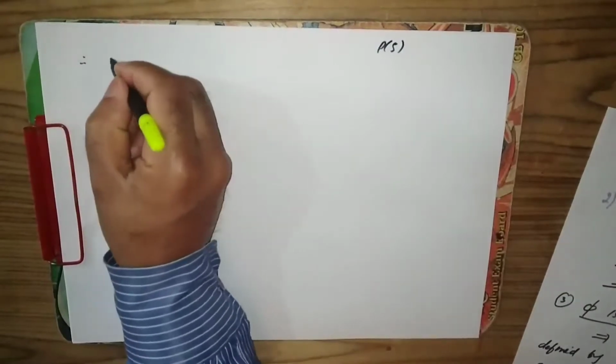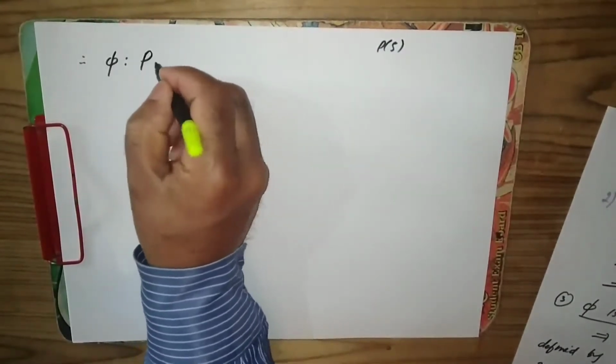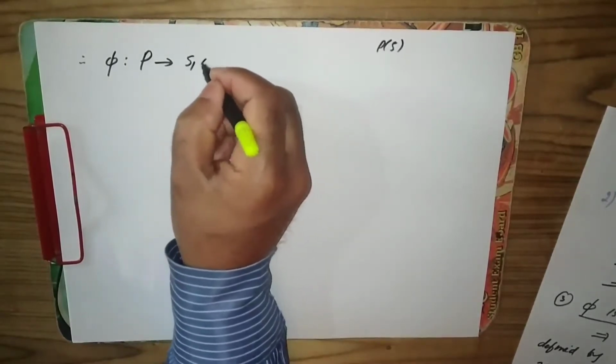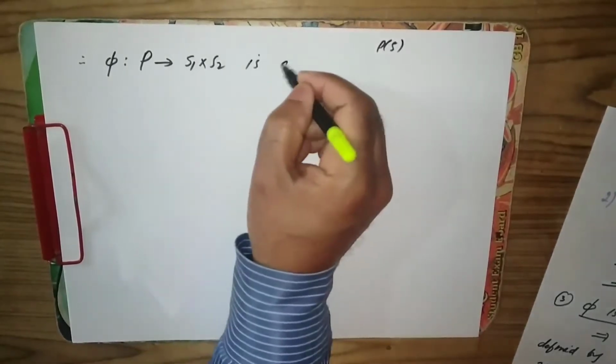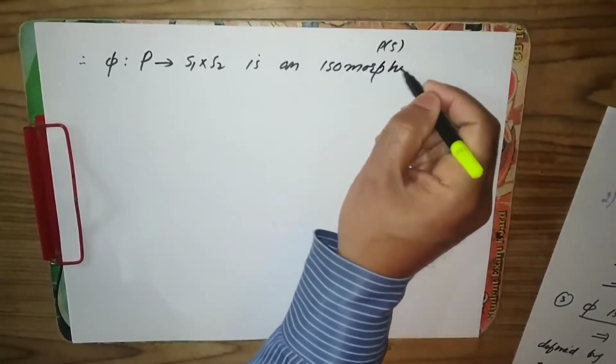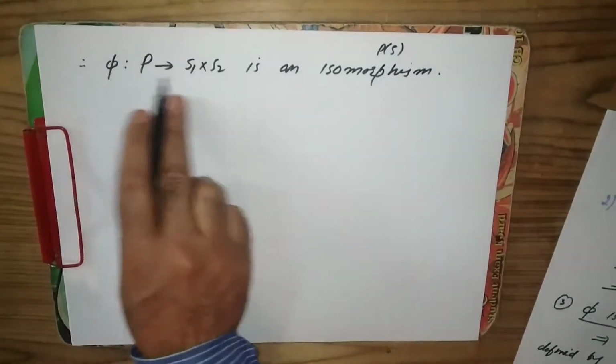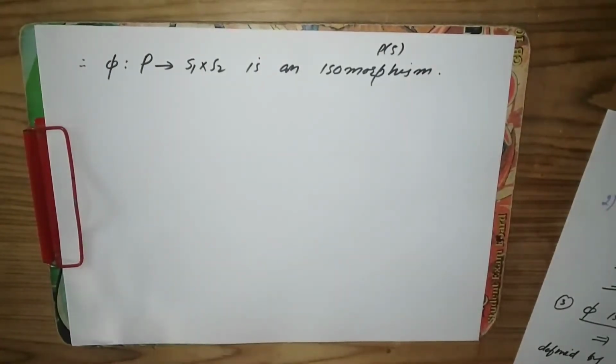So therefore phi from P to S1 cross S2 is an isomorphism. That means this product and the Cartesian product are actually the same.